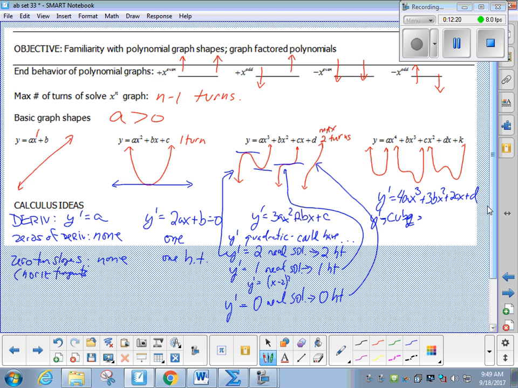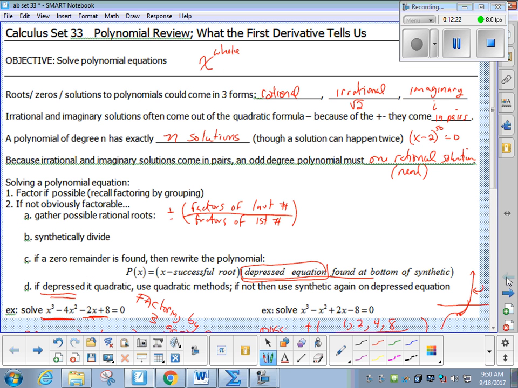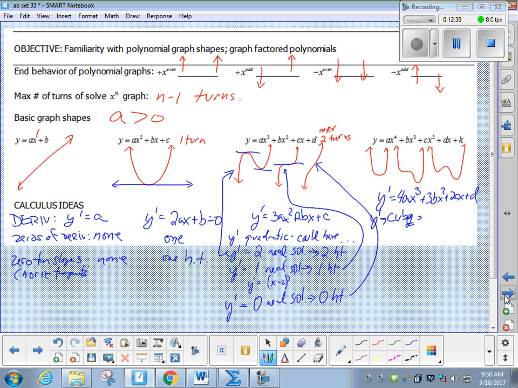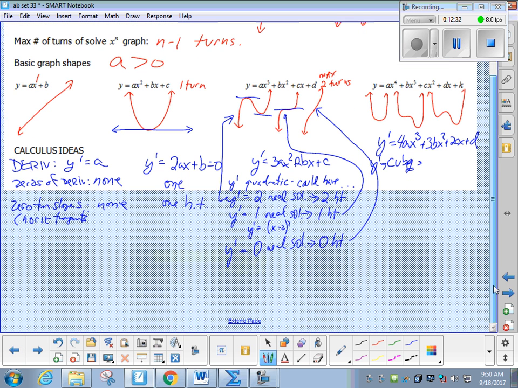We talked earlier about how an odd degree polynomial must have one real solution. It must. Therefore, if the derivative is a cube, it must have at least one real zero.